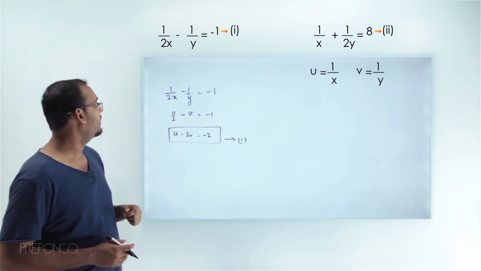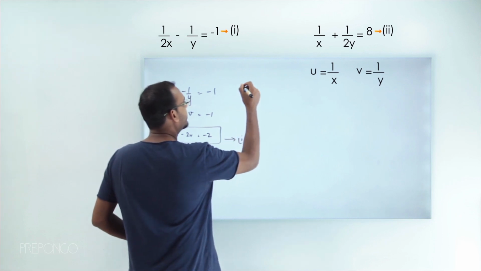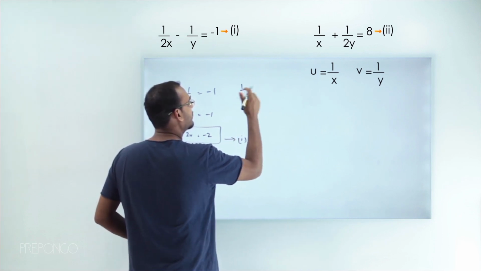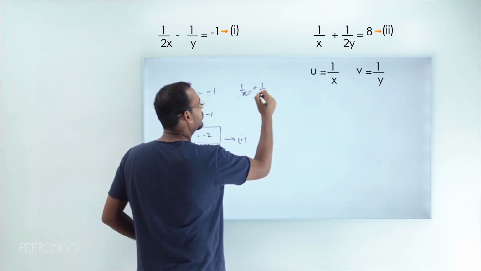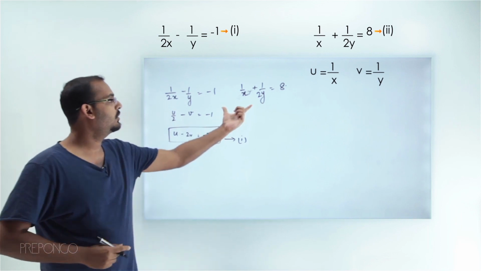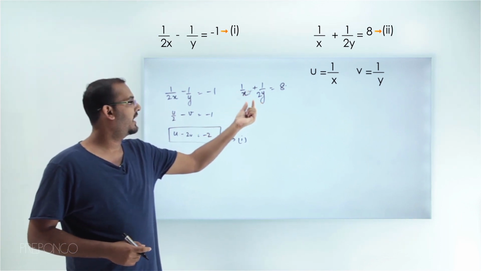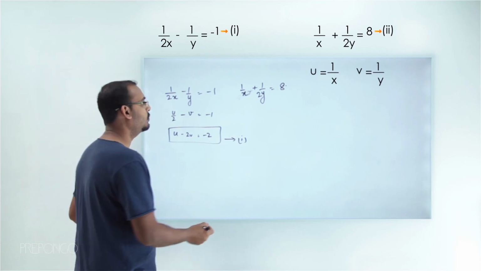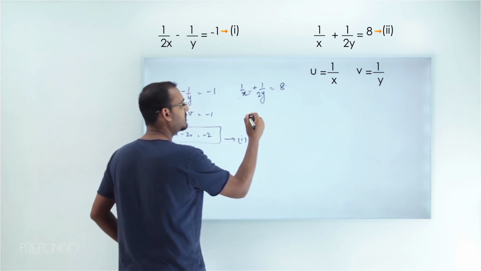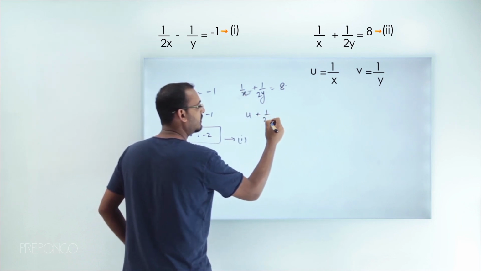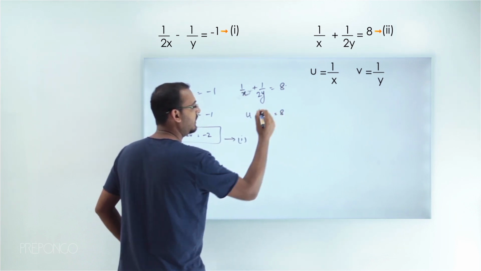Now let's look at the second equation. The second equation tells us 1 by x plus 1 by 2y is equal to 8. So again I'll do the same thing here. In the place of 1 by x, I'll substitute u, and in the place of 1 by y, I'll substitute the value v. So I can rewrite this equation as u plus 1 by 2v is equal to 8.